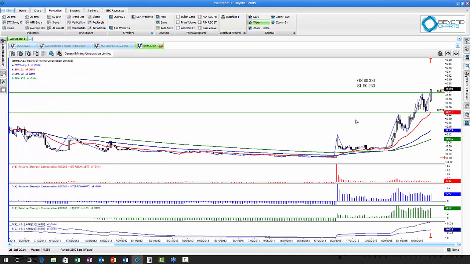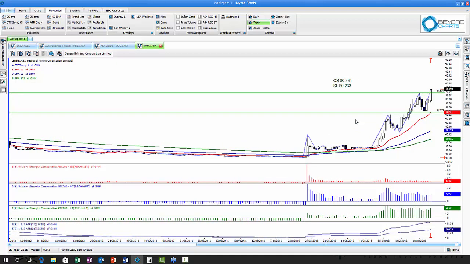That was the setup for last week. An on-stop order there at 33.1 in that particular example. So again, at these particular levels, that triggering price would be either 33 or 33.5. But again, nice big strong candle there, and that trade is now open, and we'll go into the watch list as an open trade.